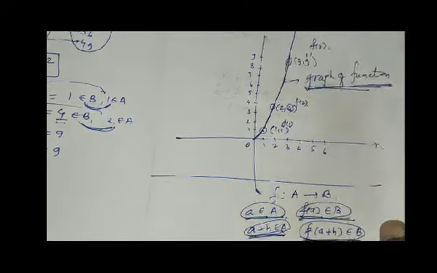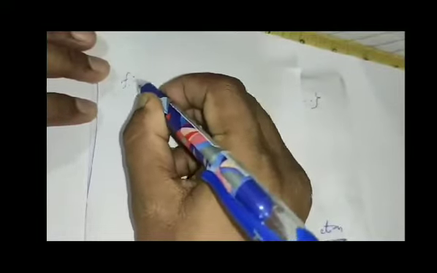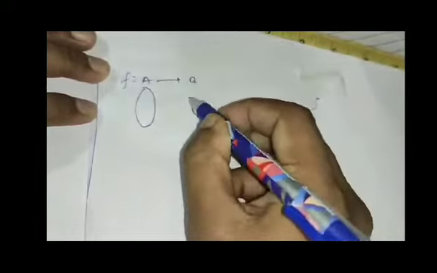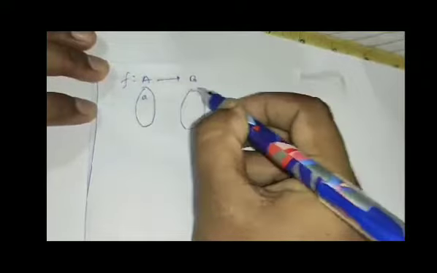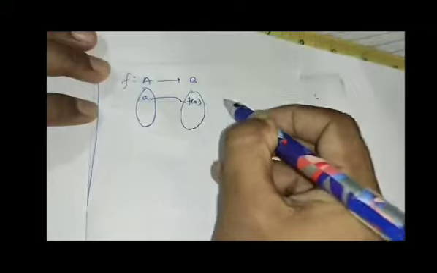So in general, if f is a function from A to B and there is a point a, what is the image of a? We call it the image, f of a.